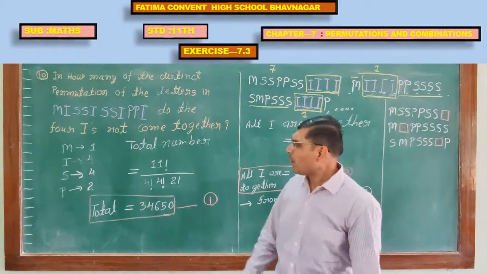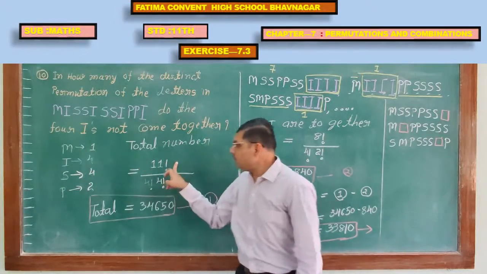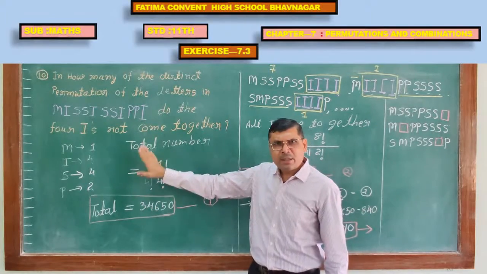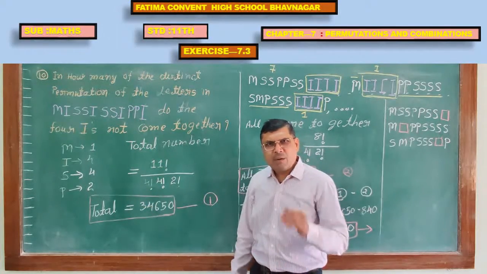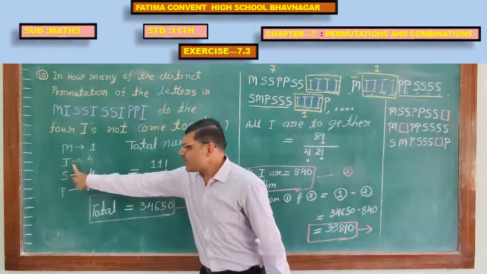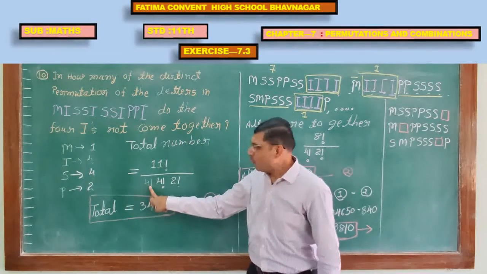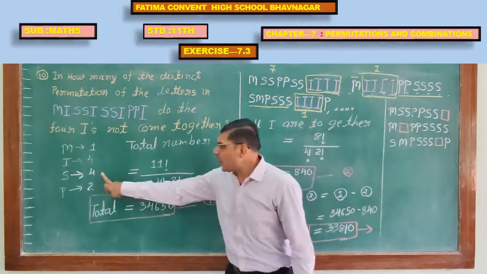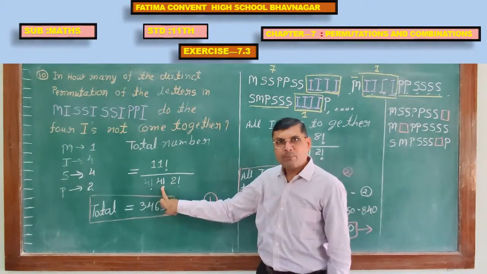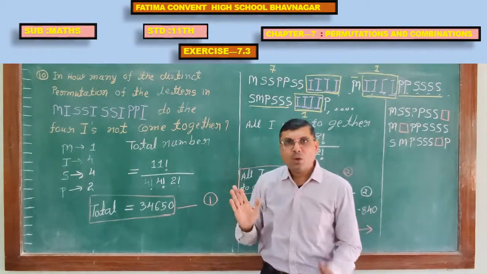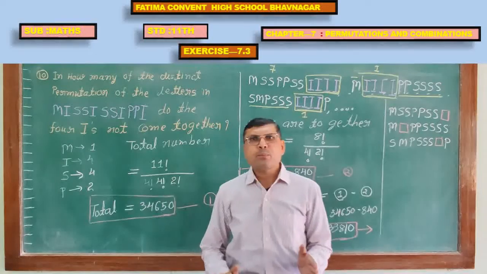So total number we have 11 upon whatever letters are repeating, that I will write in the form of factorial. I is coming 4 times, 4 factorial. S is also repeating 4 times, so 4 factorial. And P is repeating 2 times, so 2 factorial.